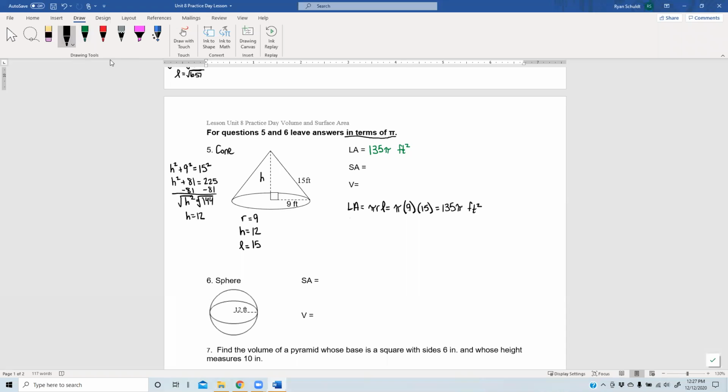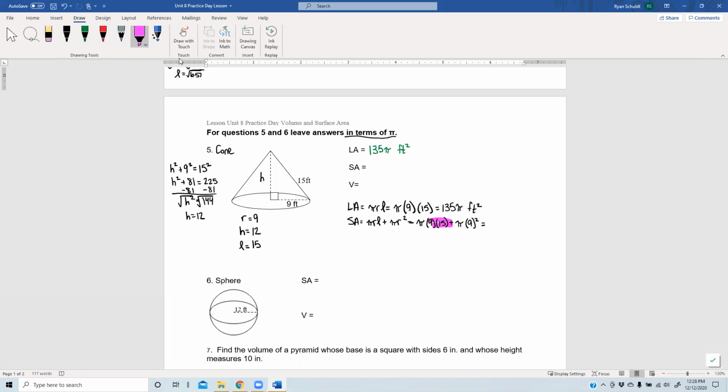Then we need total surface area. So that's going to be pi RL plus pi R squared. It's going to be pi times 9 times 15 plus pi times 9 squared. Again, we want to type everything in but the pi.